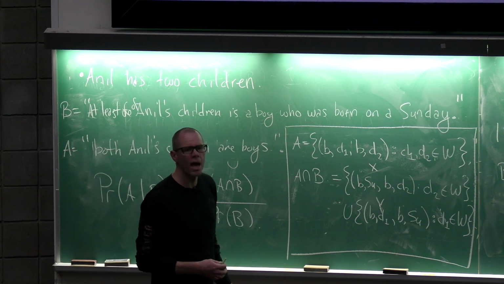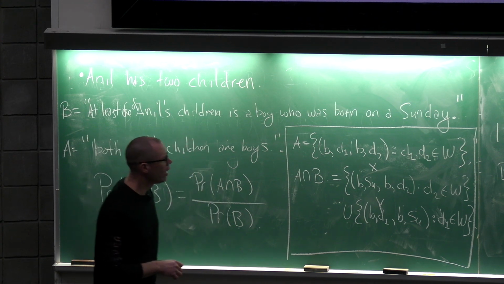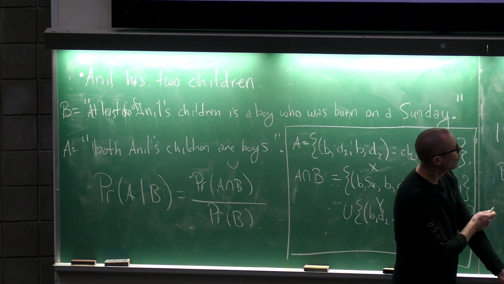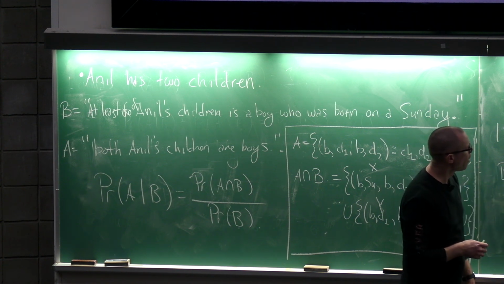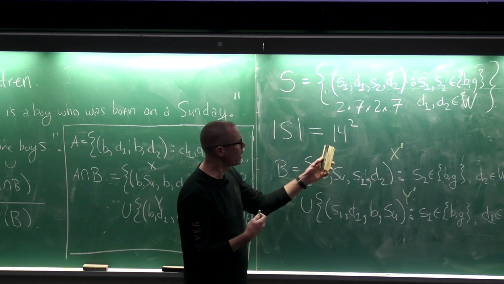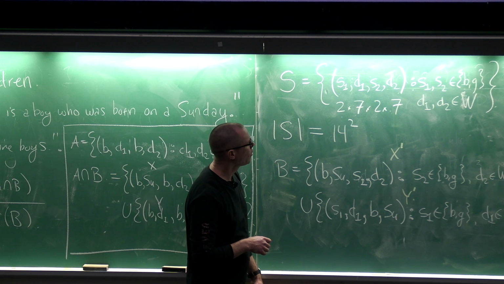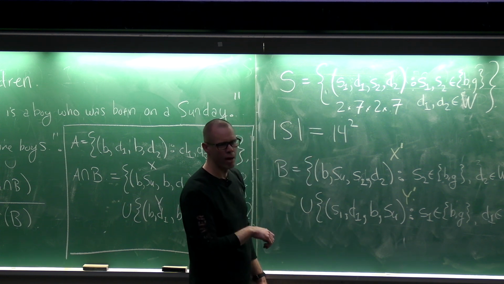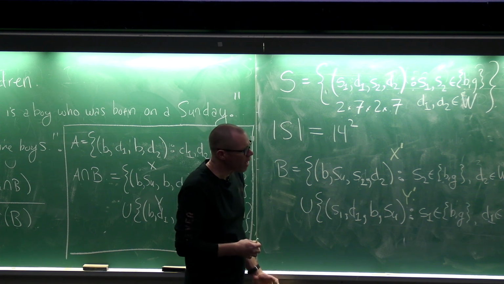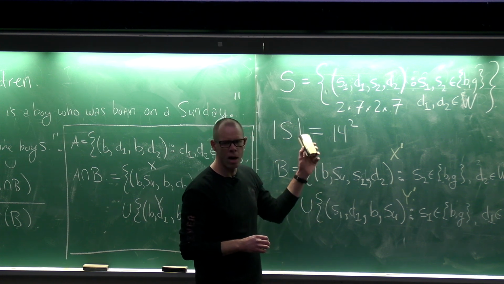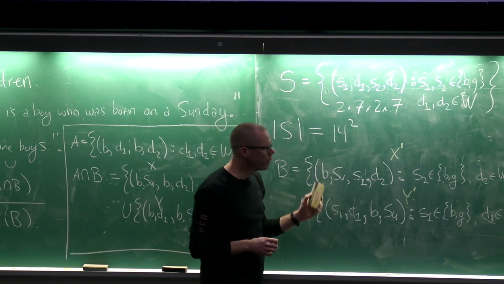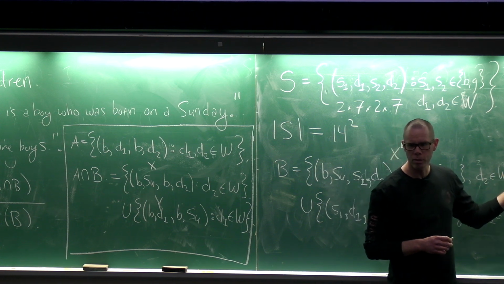So that's what's happening here, because you can think of this set here has 14 squared things, and half of them are even, meaning a particular child is a boy, half of them are odd, particular child is a girl. So the same kind of thing is happening there, but this is not clear from the statement of the problem right up until the moment when you do the calculation. You would not believe that you're going to get a different answer until you do it.